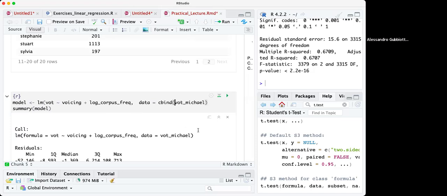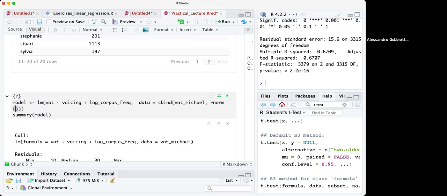I add some noise and try to predict the vocal onset time also using this noise.